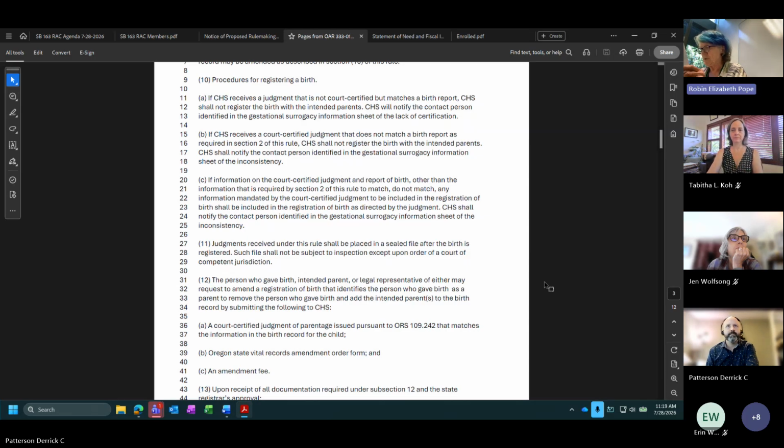So section 2, you've got to provide certain things to the state registrar, and then also for the judgment to match the birth report, certain information has to be. So I didn't know if you meant to also include section 3 on that. Thank you. We can take a look at that.